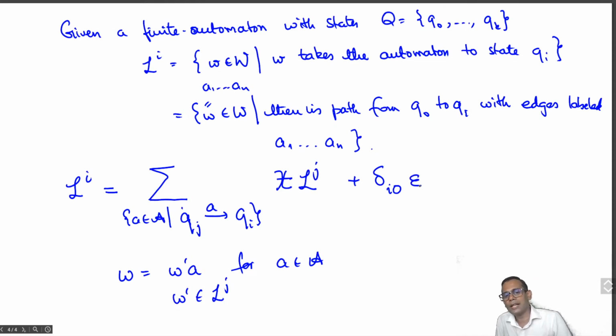So you can get to the initial state by the empty word, but to get to any other state, you would have to come through some other state using a letter A of your alphabet. So we have this specification that Li is the summation over all A in the alphabet such that there is an edge labeled A from Qj to Qi, x times Lj plus delta i0 epsilon.